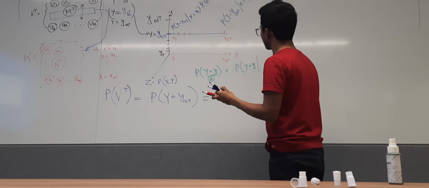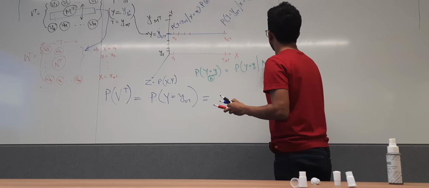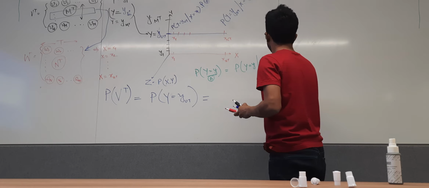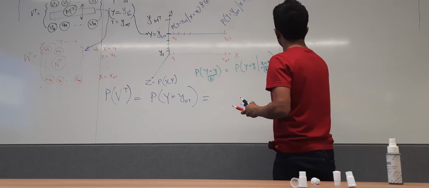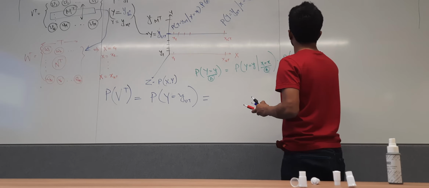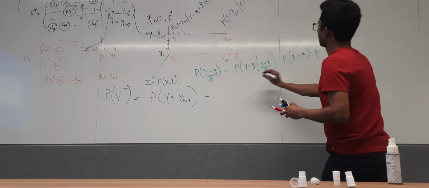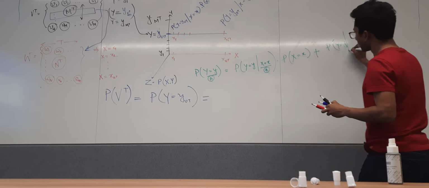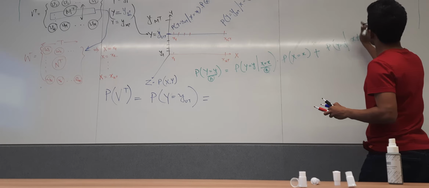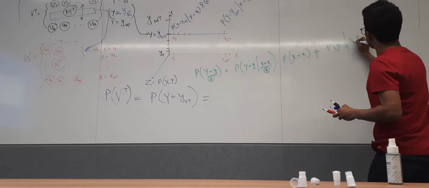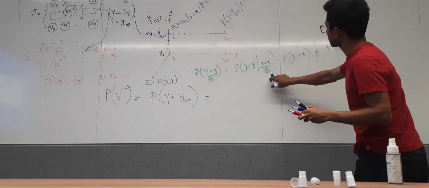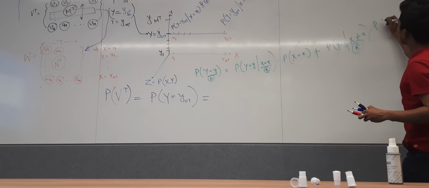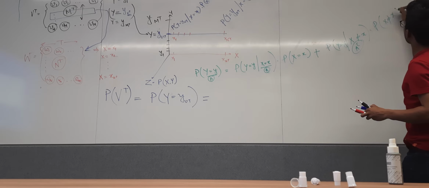If it is dependent on another event a, I can write x equal to x, that is a, so p of b given a multiplied by p of x equal to x, plus p of y equals y given x not equal to x, the rest of the events where x is not this, or I can write it as a complement, multiplied by p of x not equal to x.